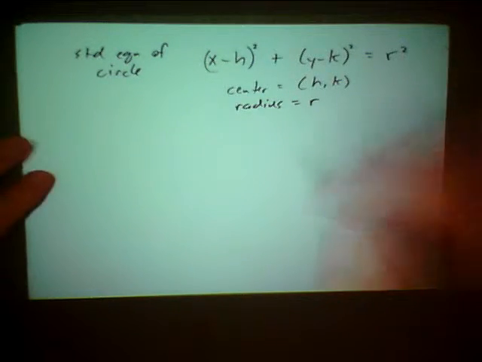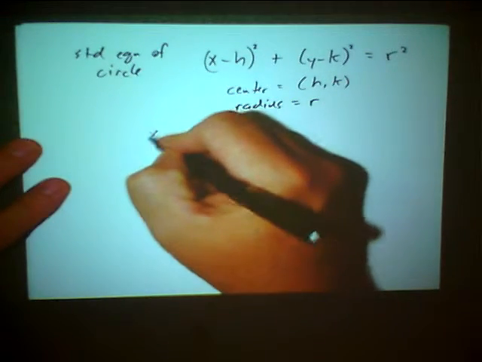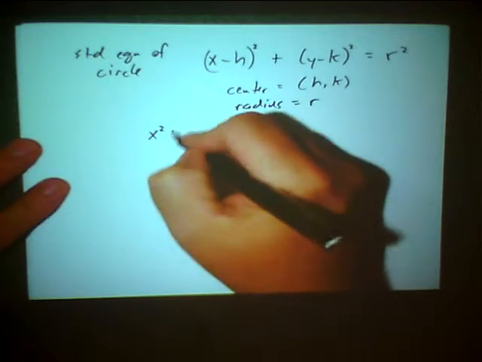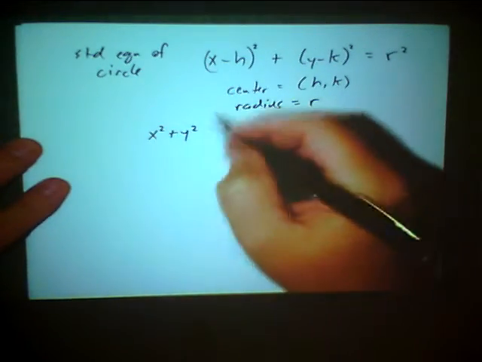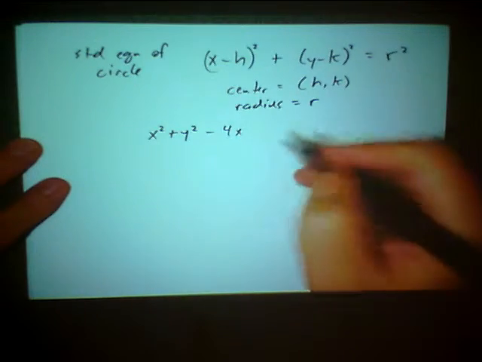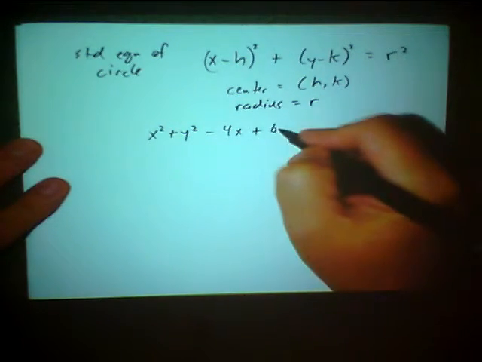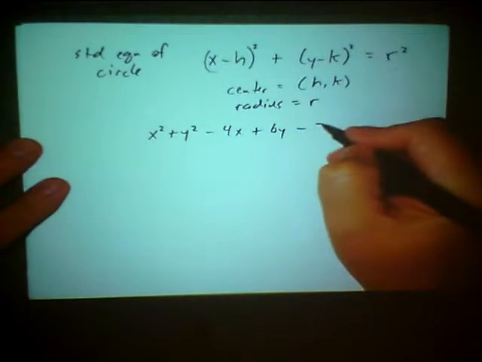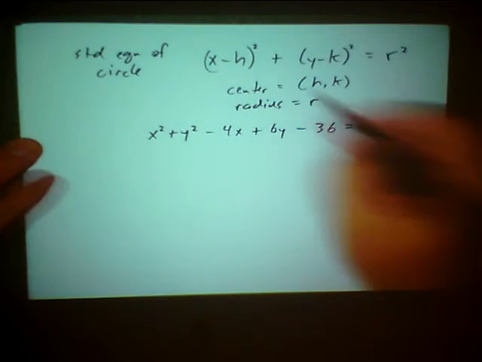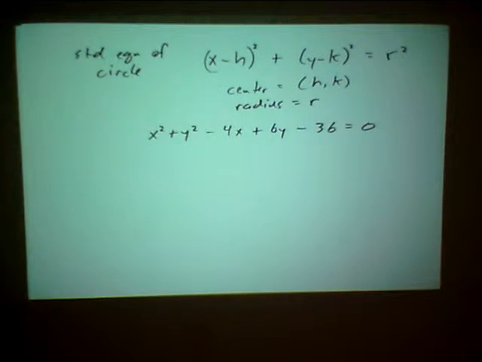But what you will sometimes have is they will give you an equation that looks like this. Now this is still the equation of a circle. However, it's not in the form above.